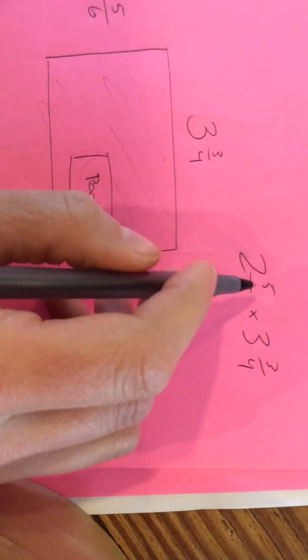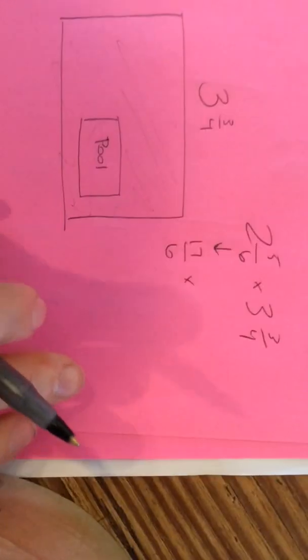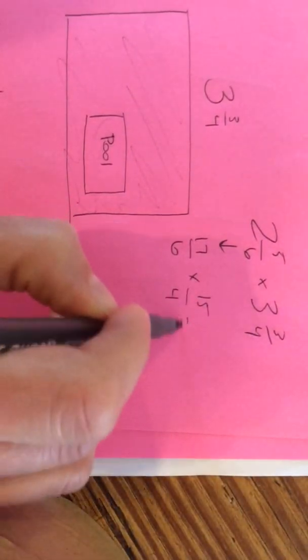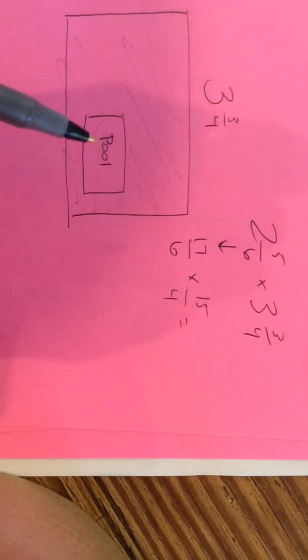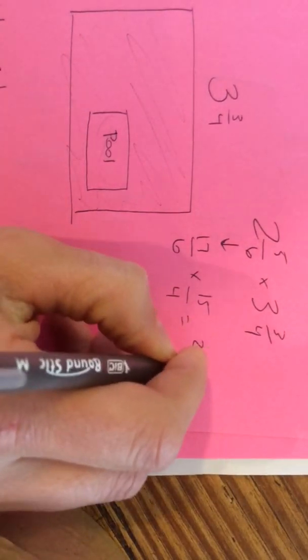So plus the 5, 12/6 plus the 5/6 is 17/6 times, over here, this would be 15/4. Sometimes these numbers get big and they get tricky, so I'm going to have to do 17 times 15. That's not something I can do in my head, so I'm going to have to work it out over here on the side. 17 times 15 is 255.